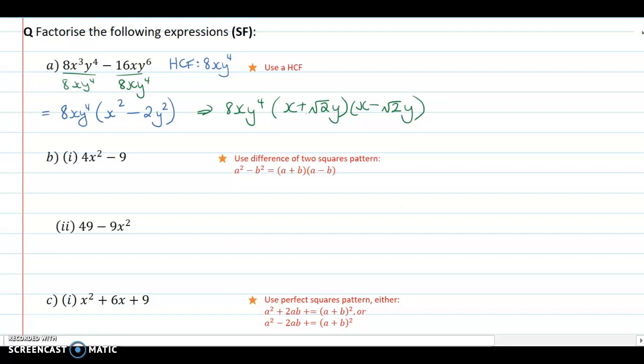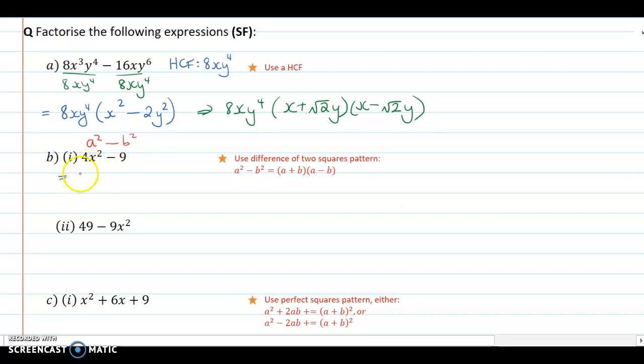Okay, in part B, we're looking at a difference of two squares factorization. This just relies on you being able to recognize that this particular expression is in the form of a difference of two squares. So essentially just looking at the terms, there's two of them. Can one be made up of a square number and a square letter?